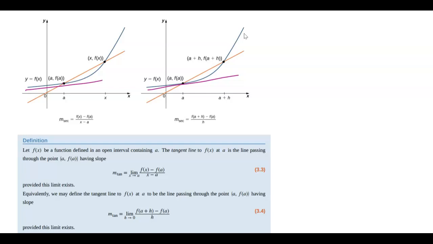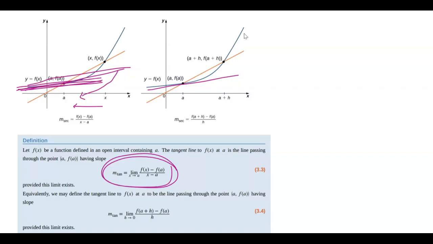So we're going to use this concept of limits and say, as I take x and get it really, really close to a, so I'm going to move x into a, and I'm going to take infinitely many secant lines until I get really, really close.